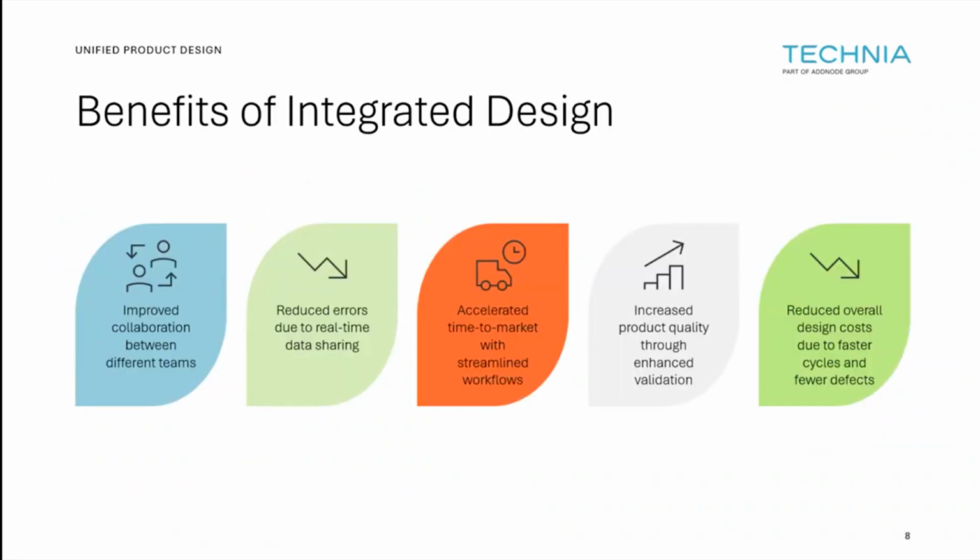Here are some of the key benefits of integrating software, electrical, and mechanical engineering in SolidWorks. Firstly, improved collaboration between different teams, which might, for instance, enhance the room for innovation. Reduced errors due to real-time data sharing, which diminishes the risk for overlapping work or rework.